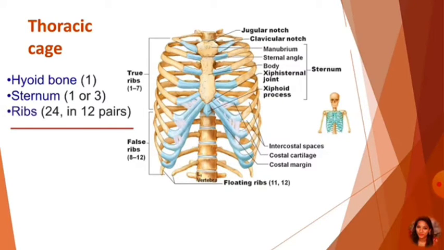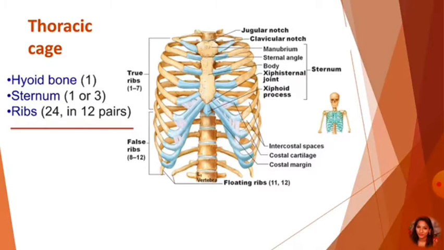And there are ribs, total 24 ribs. And how is that? Actually, you can see in the figure, the starting ribs 1 to 7 are known as true ribs, as they connect from front side to back side. After that, ribs 8 to 12 are known as false ribs, as they do not connect totally.